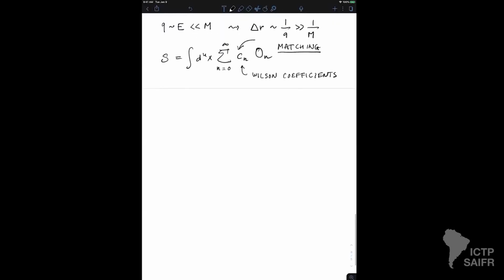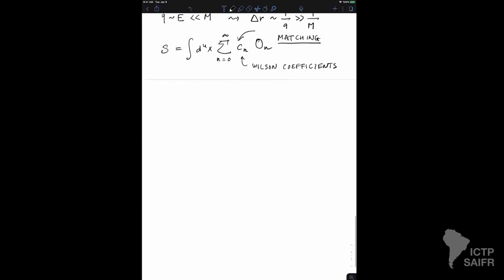Yeah, so we will see later on when we match the full theory and the effective theory in this particular example, that the coefficients of the effective theory must be scale dependent, will depend on the renormalization scale. More questions? Okay, I think we're fine.